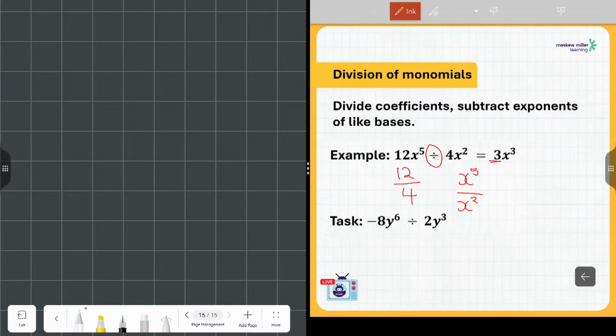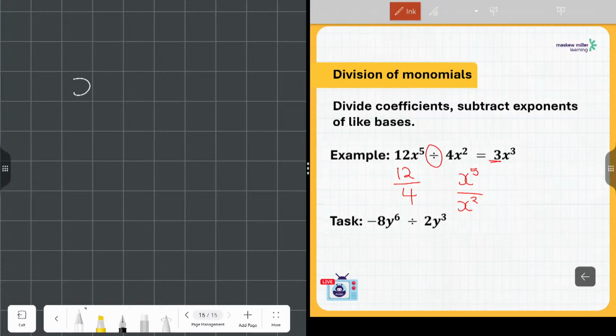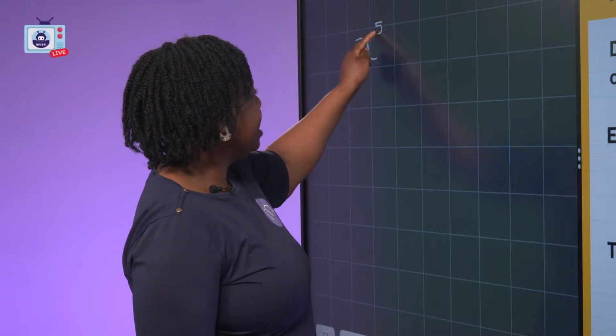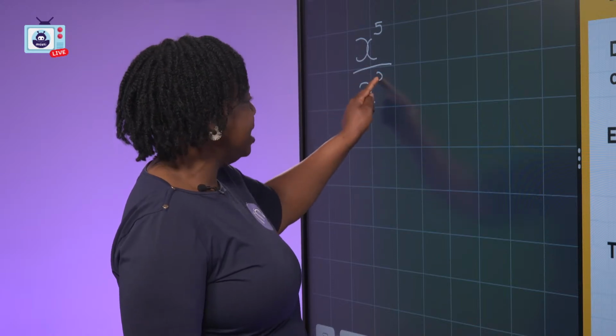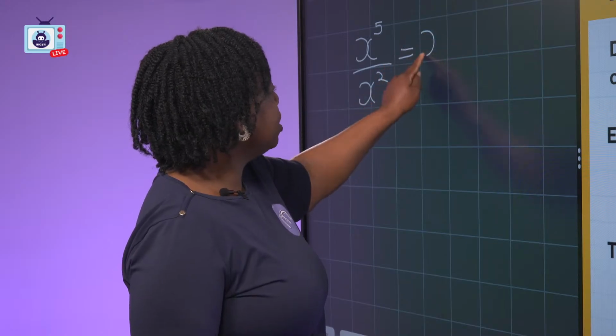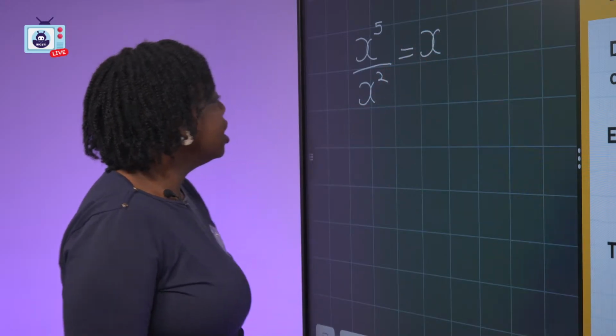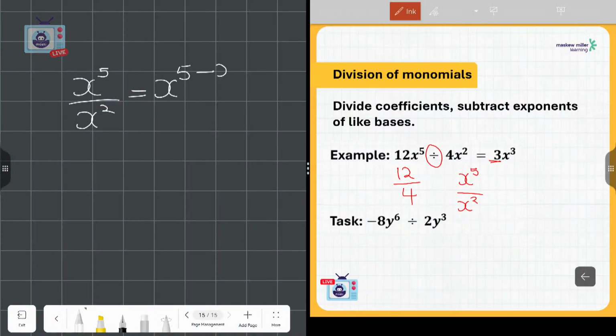So what is happening here? The rules that we have learned say every time you have exponents with the same base, but they are divided, we keep the base, but we subtract the exponents.